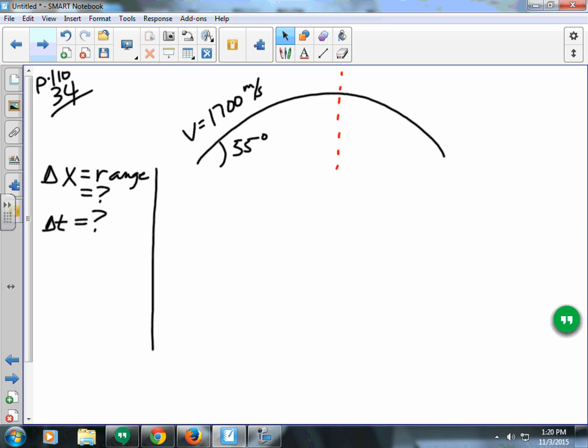Vertically, it's just free fall. So at the middle of the flight, its speed is 0. We can call that v sub y final for this half of the trajectory, because then it's going to start speeding up in the downward direction.